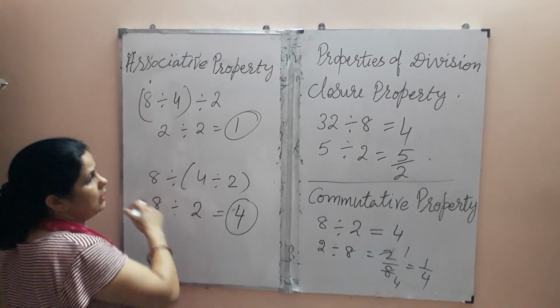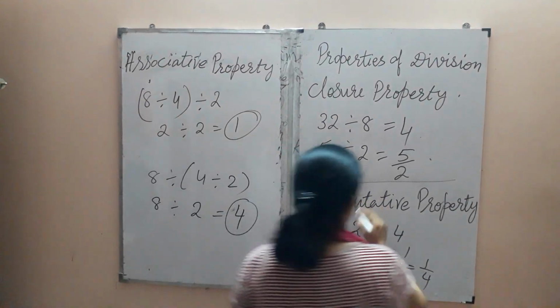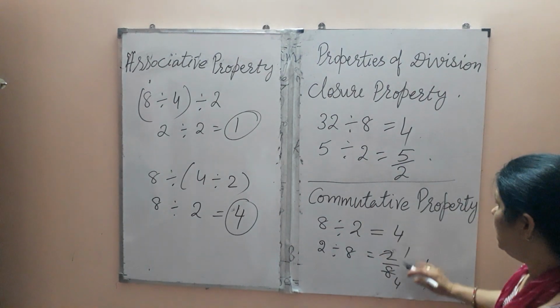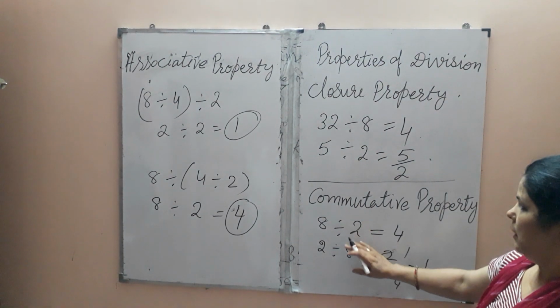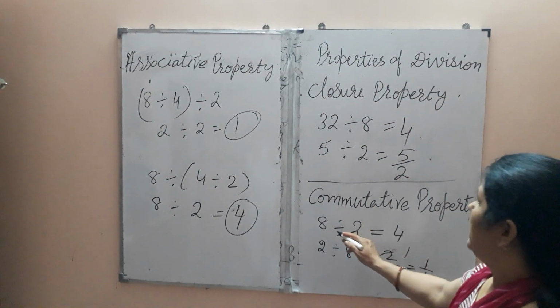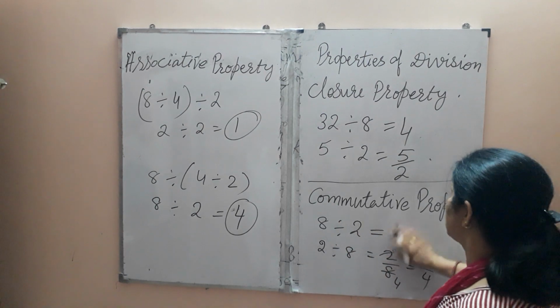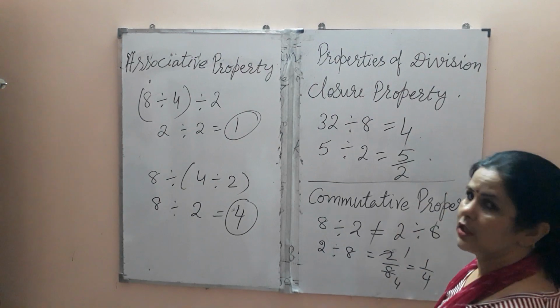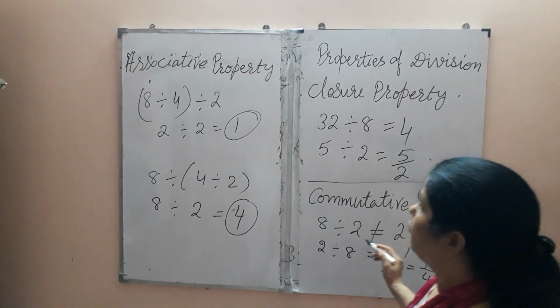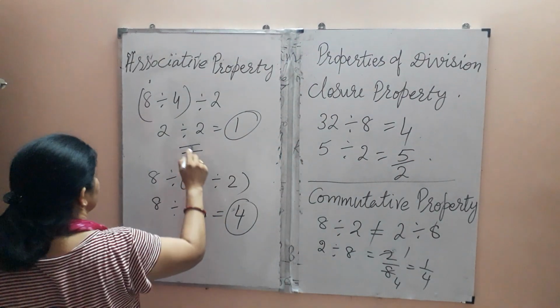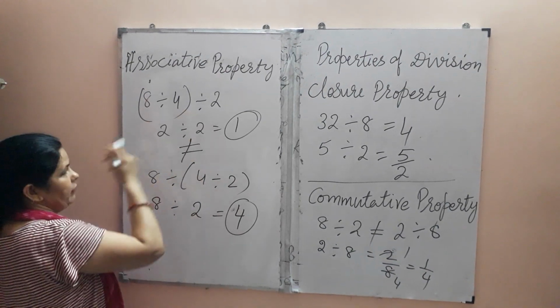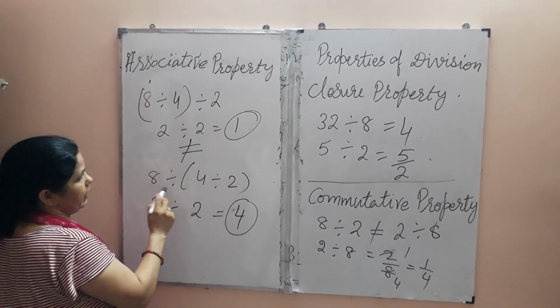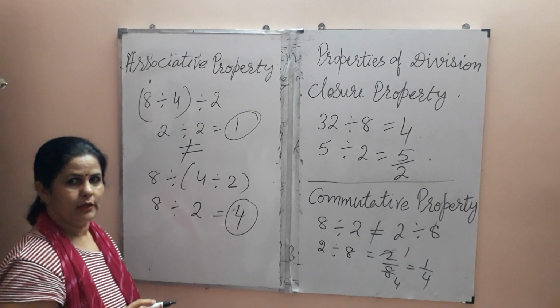In addition and multiplication, changing the order gives the same result, but in division it is not so. 8 divided by 2 is not equal to 2 divided by 8, and 8 divided by 4 divided by 2 is not equal to 8 divided by 4 divided by 2 with the groups changed.